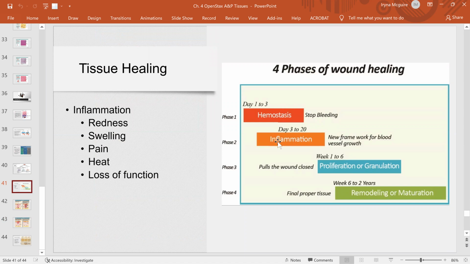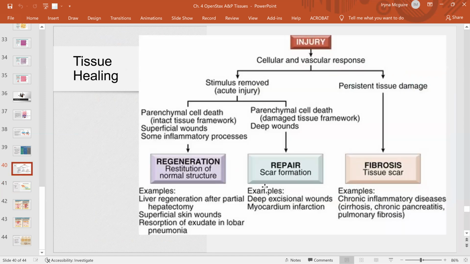We had inflammation, formation of granulation tissue that consists of fibroblasts, white blood cells, and collagen fibers. And then our wound will remodel and mature. So we will have repair by scar formation of dermis and regeneration of epidermis.